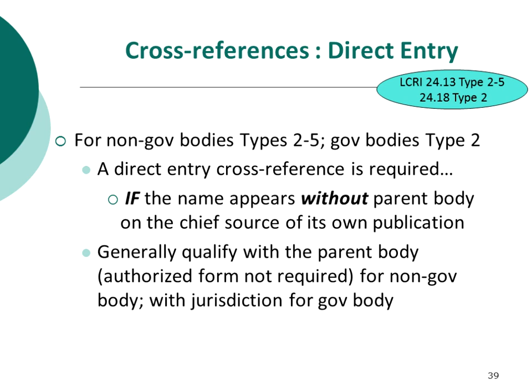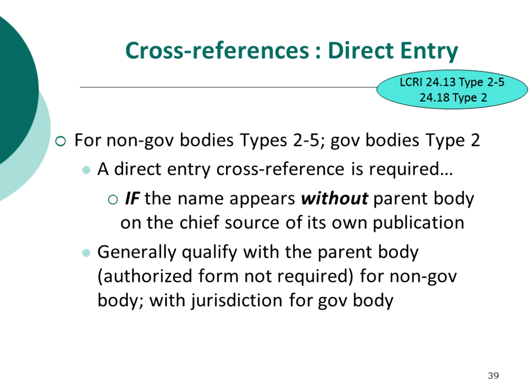The rule says here, if you are reading this slide with me, for non-government bodies type 2, 3, 4, and 5, and for government bodies type 2, a direct entry cross-reference is required if the name appears without a parent body on the chief source.